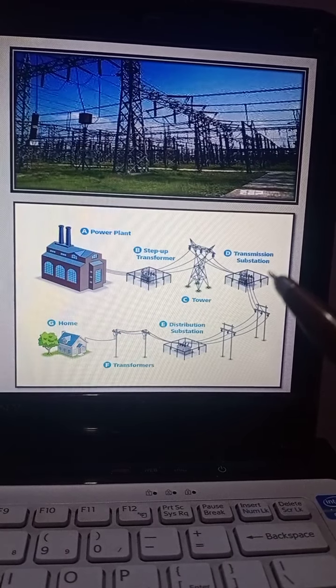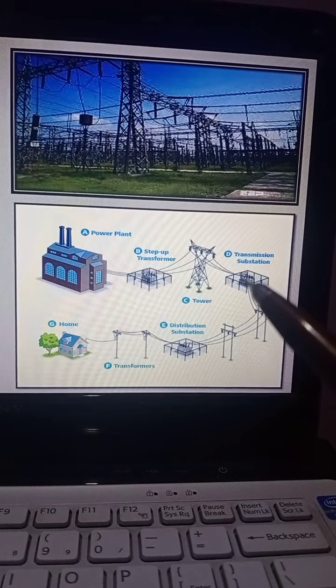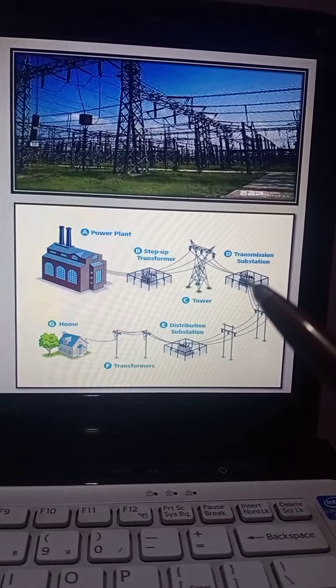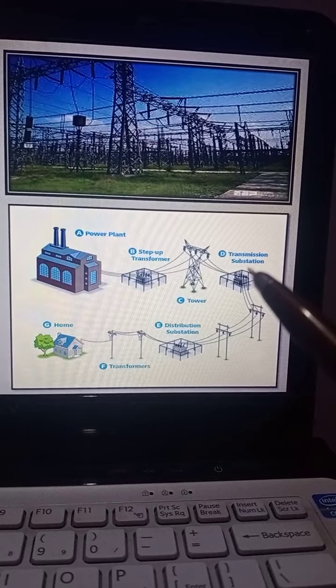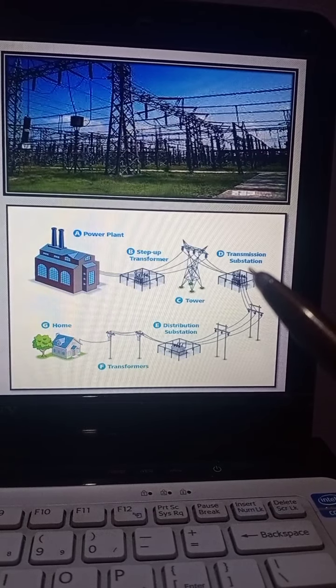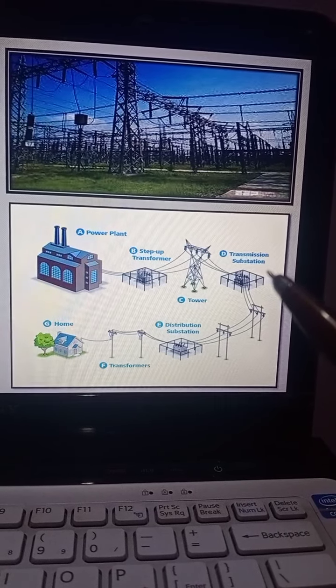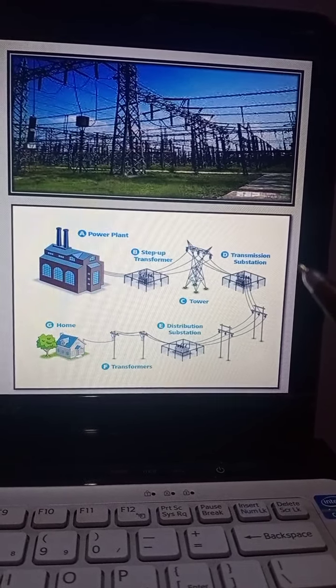Then from the step up transformer it goes to the transmission substation. From the substation it reaches the distribution substation. Then from the distribution substation, with the help of the transformer present here, it reaches our home.